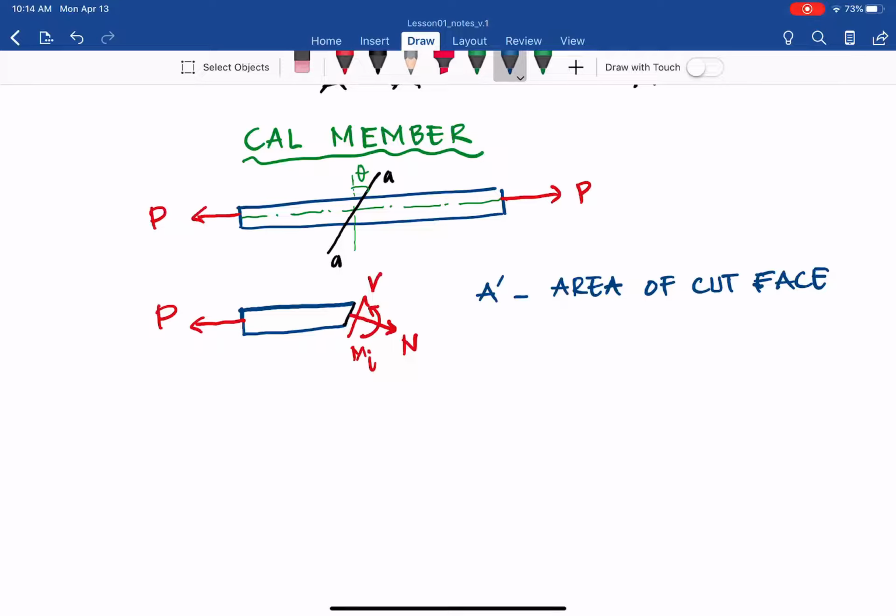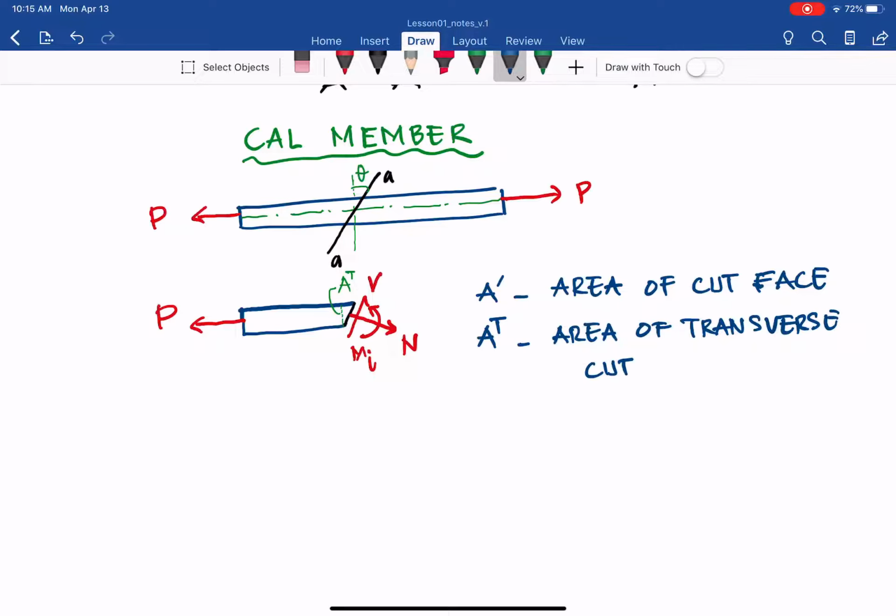So if we make a cut perpendicular to the longitudinal axis, we call it AT, and that AT here is the area of the transverse cut.